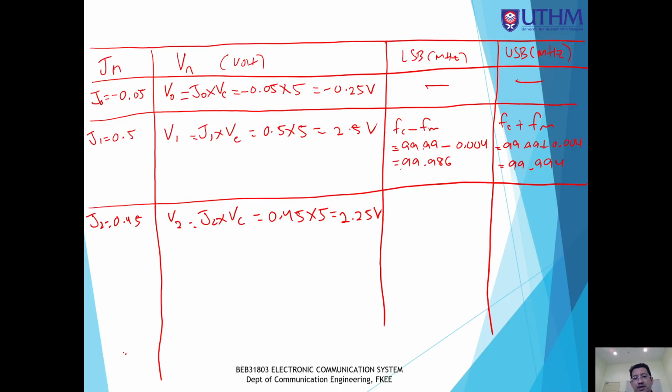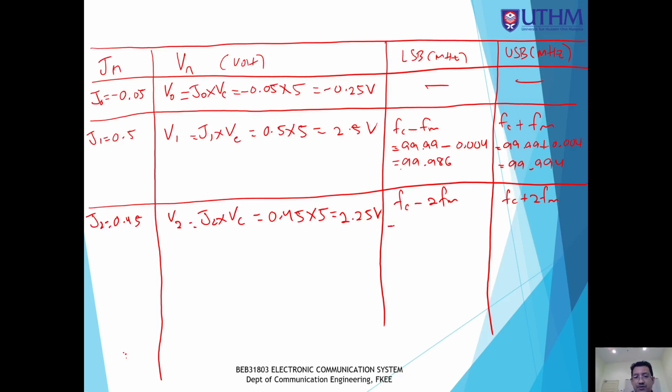And for the frequency, the lower frequency is located at Fc minus 2Fm. The upper frequency is located at Fc plus 2Fm.